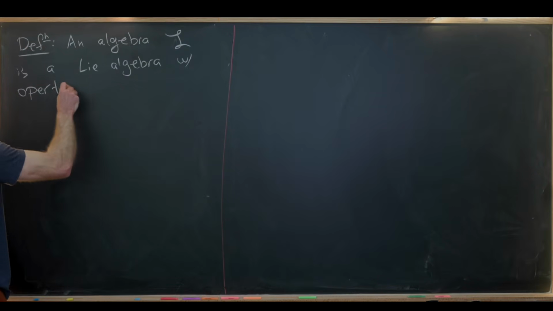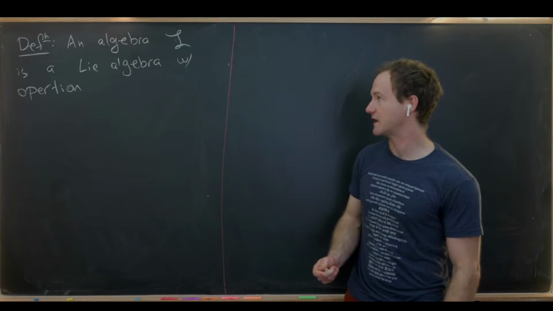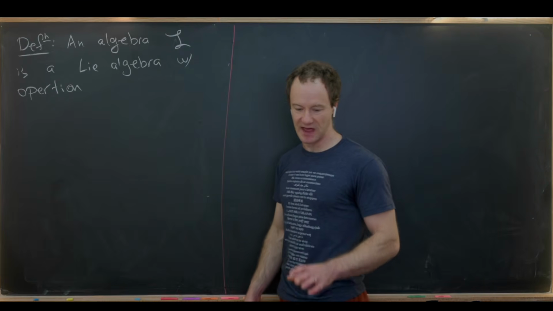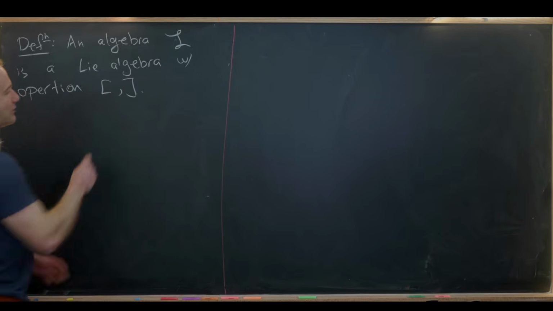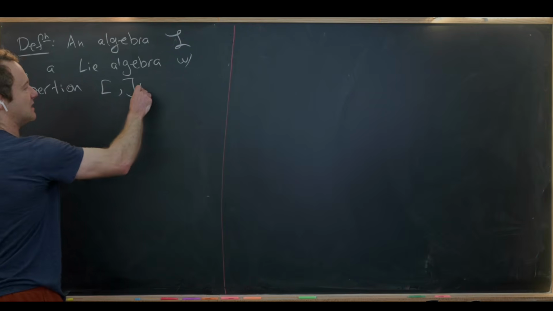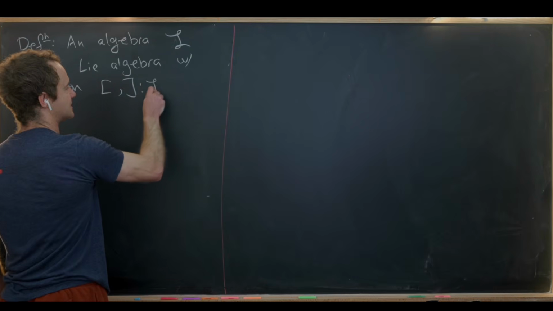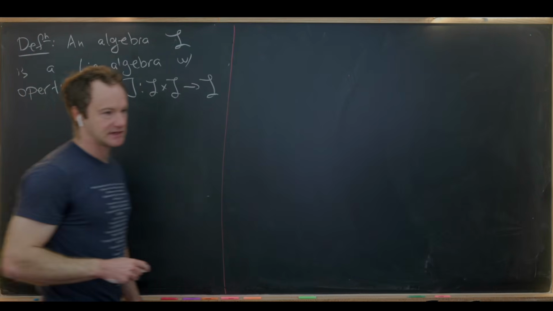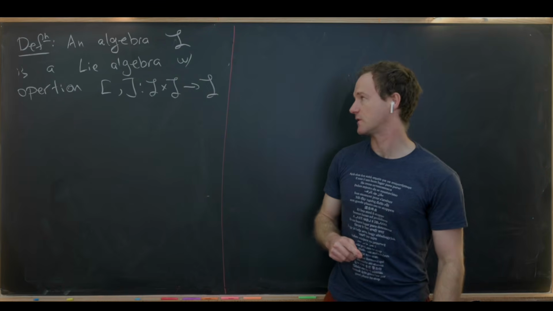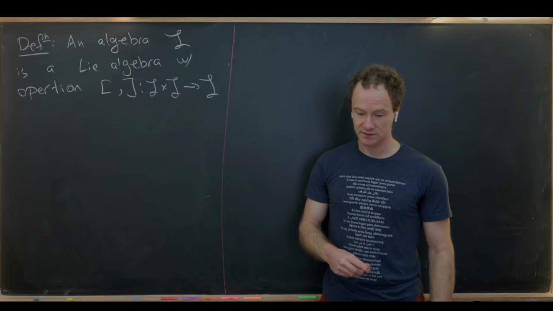Instead of writing an operation star, we have a special symbol for the operation for a Lie algebra, and that is this bracket symbol. The bracket takes two vectors from the Lie algebra, so it goes from L cross L to L, and gives you a new vector from the Lie algebra. And then it satisfies some rules.